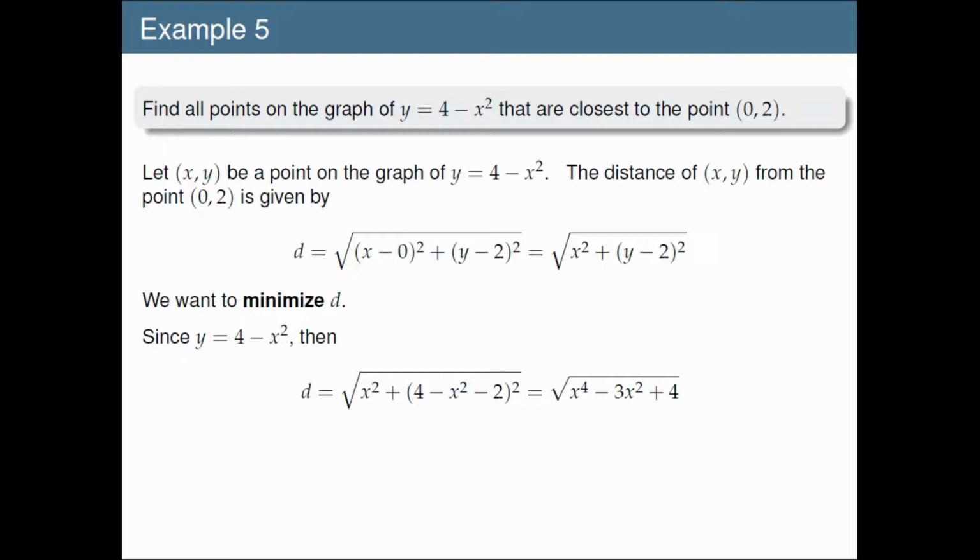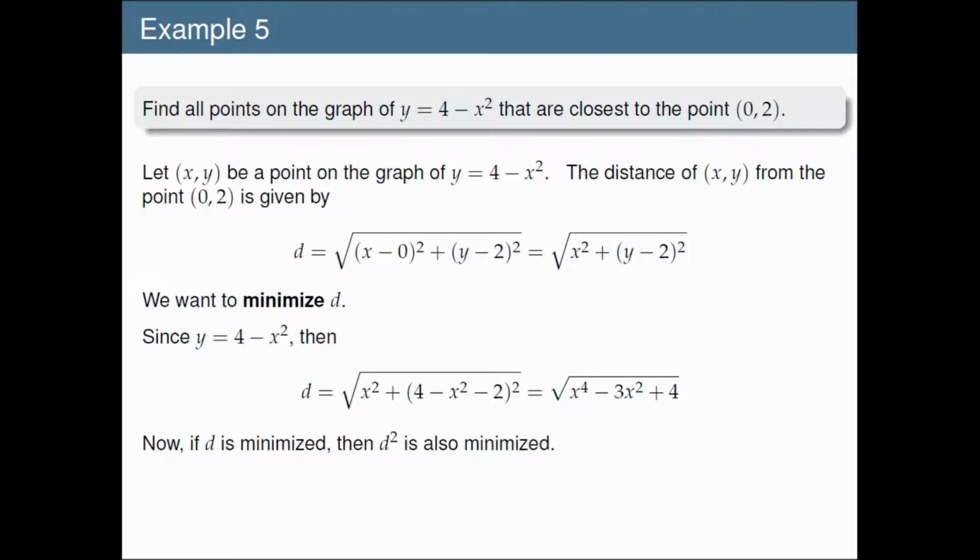Pwede nating ituloy yung problem by getting the derivative of this expression. Pero pwede rin nating isipin na if we minimize d, then we also minimize d squared.